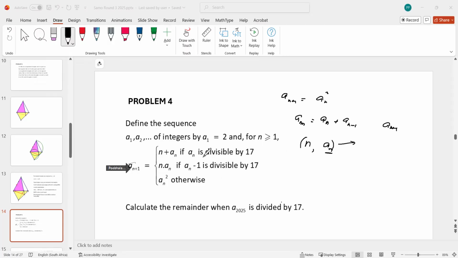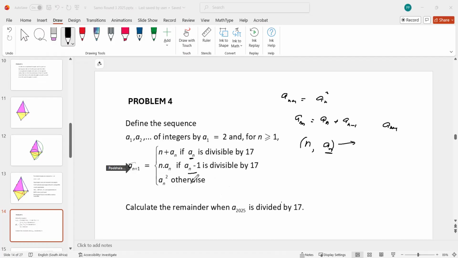So if an is divisible by 17, and if the one just before that is divisible by 17, then you have a way in each one of those cases. And of course, if neither of that works, then you got another rule.